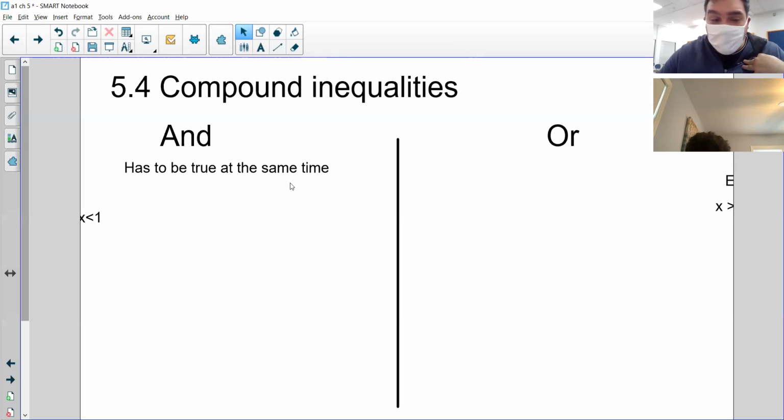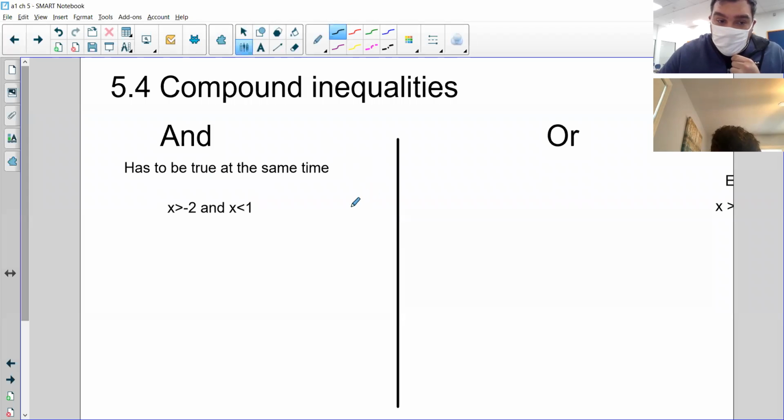So how that looks for us in math is we might have a statement like this: X is greater than -2 and X is less than 1. Now let's do these two separately first. X is greater than -2.